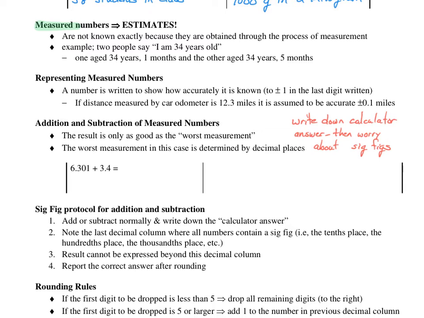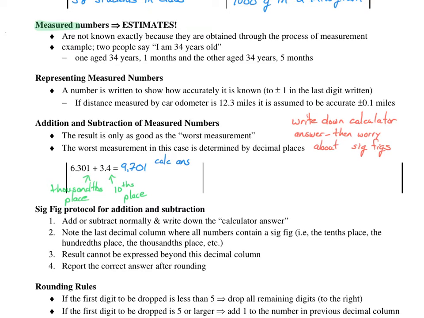So we look at this problem. We put these values into our calculator. We get a calculator answer of 9.701. Now we're going to consider the sig figs by determining which of these values is the worst measurement.